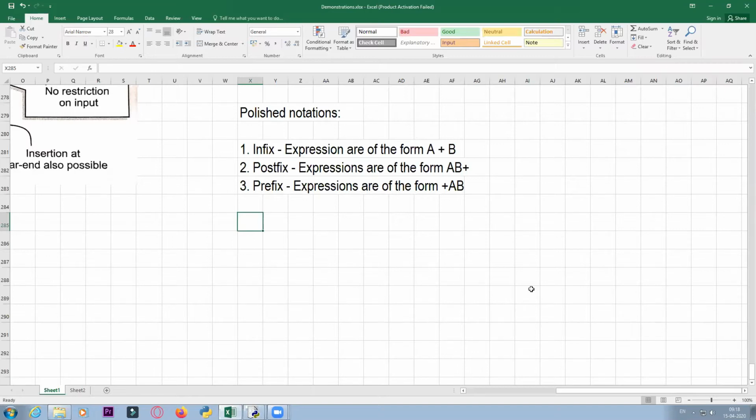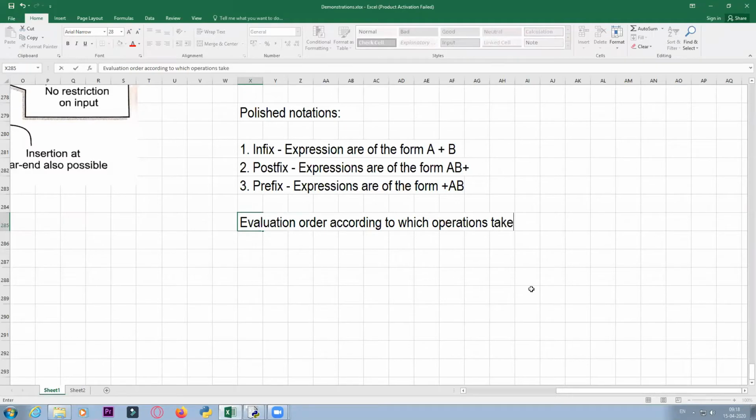So first of all, please write down the evaluation order according to which operations take place. You have to follow the BODMAS rule. So the first one is brackets. Second one is exponentiation.